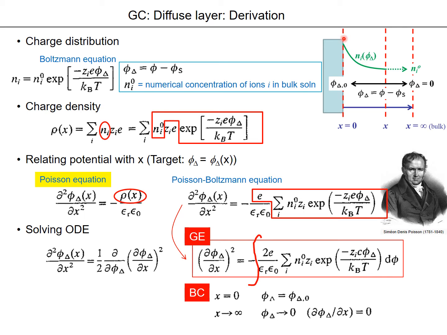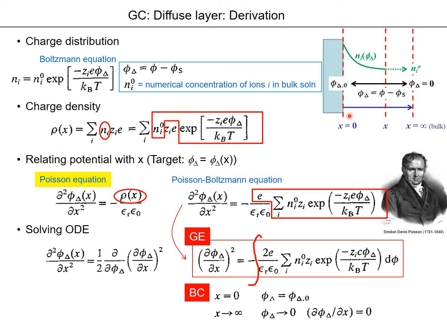The numerical concentration is maximized at the surface to compensate the excess charge, and then goes down. In the bulk, we have some bulk concentration, N_i with superscript 0.